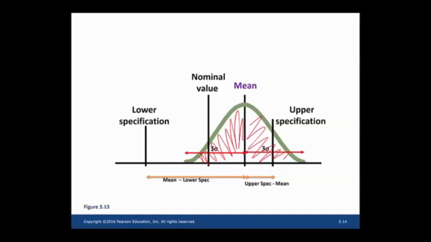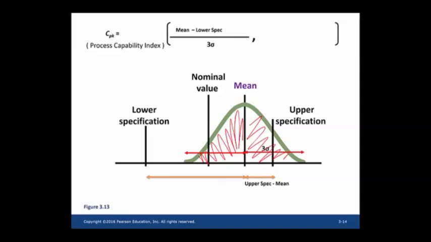So in this case, we will compare one design width, right, to the left of the mean, in this case 3 sigma, and the other design width with the 3 sigma distance to the right of the mean. If either one of the ratios are less than 1, right, you know the process is not capable. So to ensure that, we simply take minimum of these two ratios. And that is the formula for process capability index.